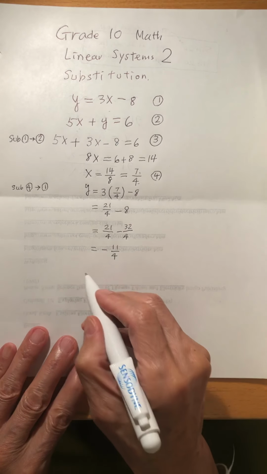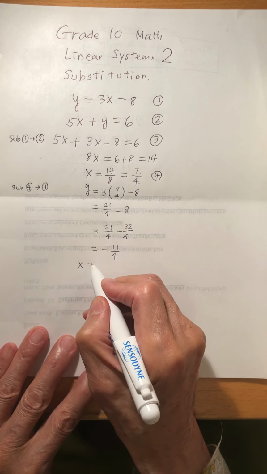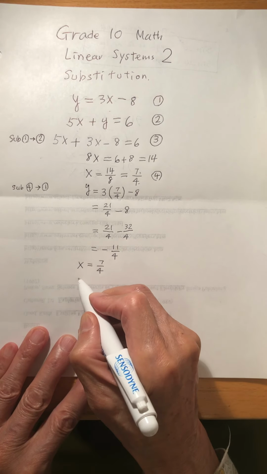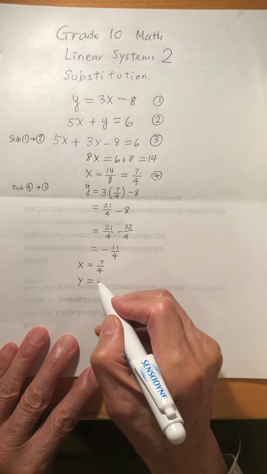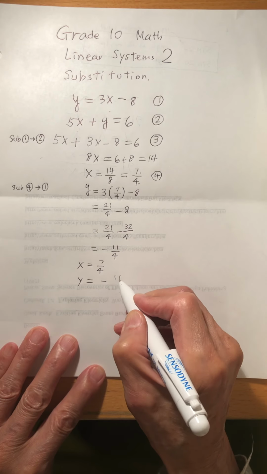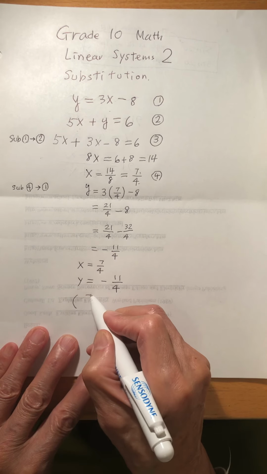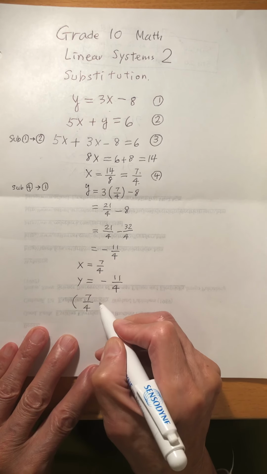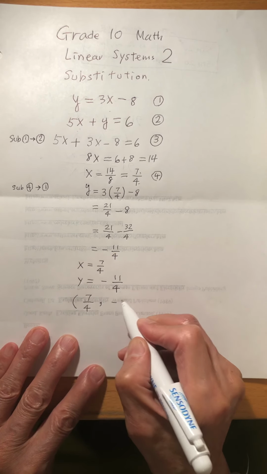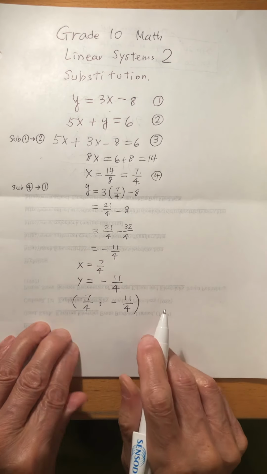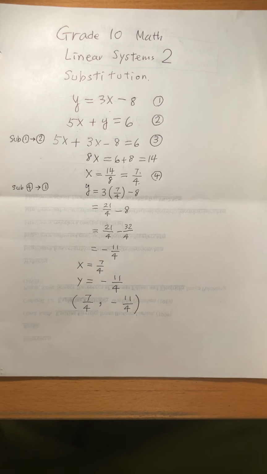So my answer is x is 7 over 4, and y is negative 11 over 4, or I can write it this way, 7 over 4, comma, negative 11 over 4. And that is my answer, using the method of substitution.